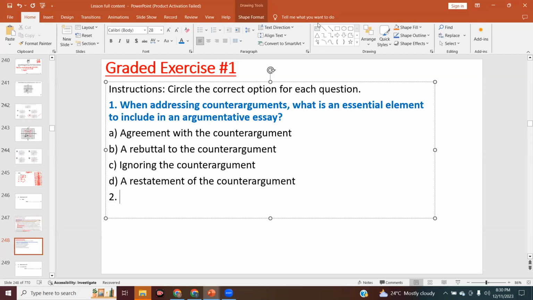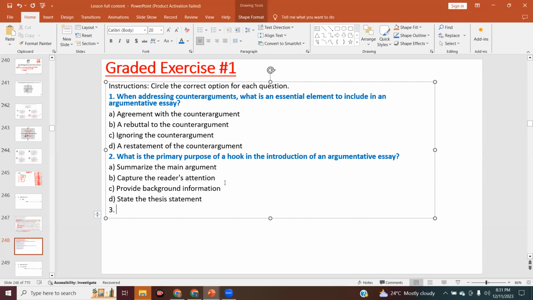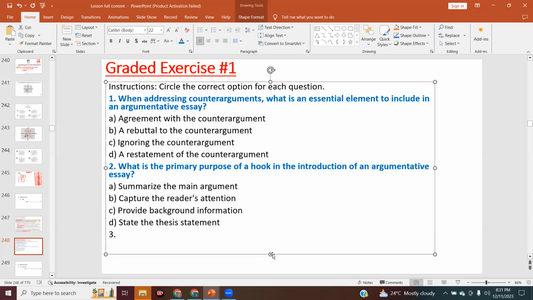Number 2, what is the primary purpose of a hook in the introduction of an argumentative essay?